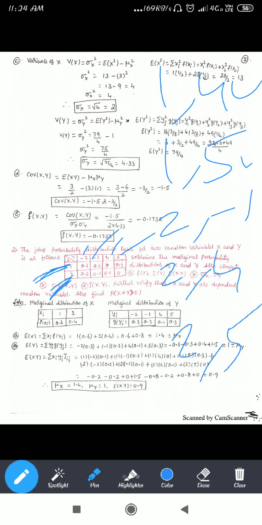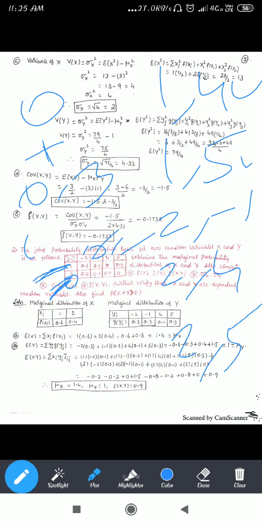So what is the JPD for this? So what is JPD when 1 and 4? We have 0. You have to add plus. When 1 and 5, what happened? 1 and 5, we have 0.3, we have to add this. Next, 2 and minus 1, see dear students, here it is, 2 and minus 1 means 0.1.